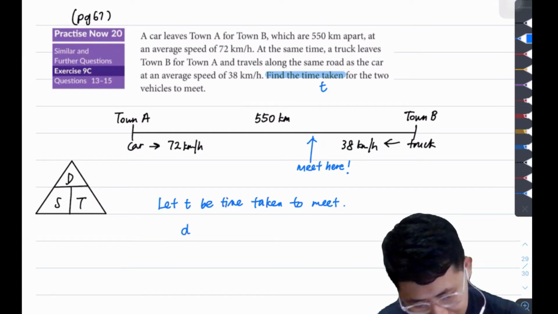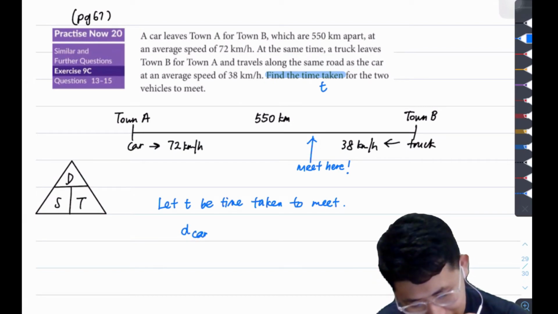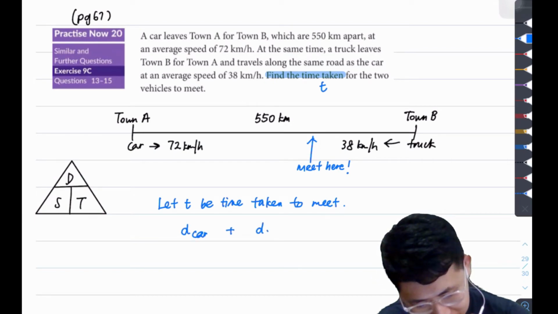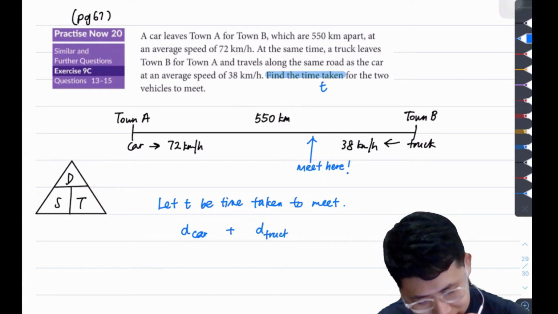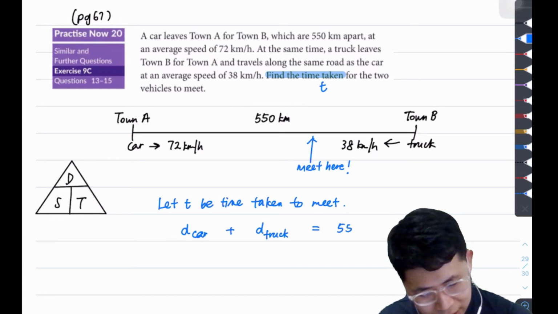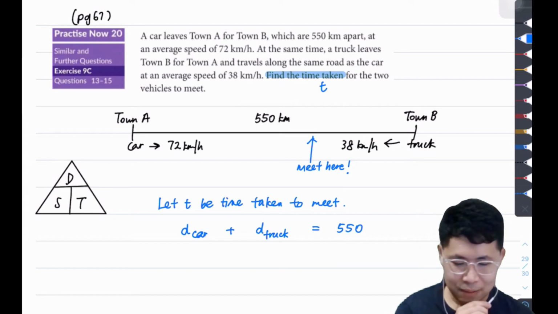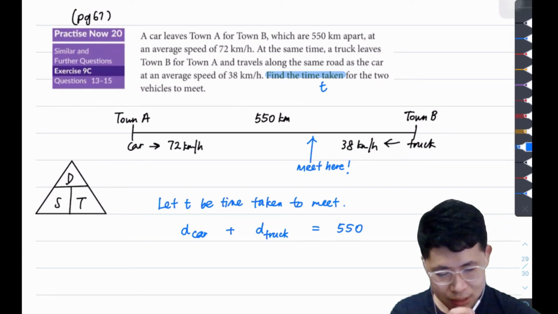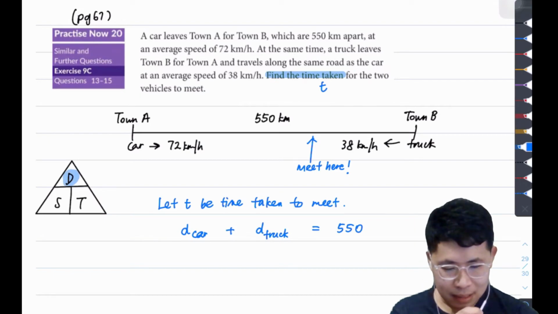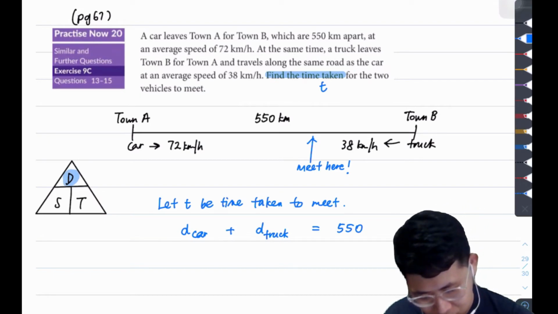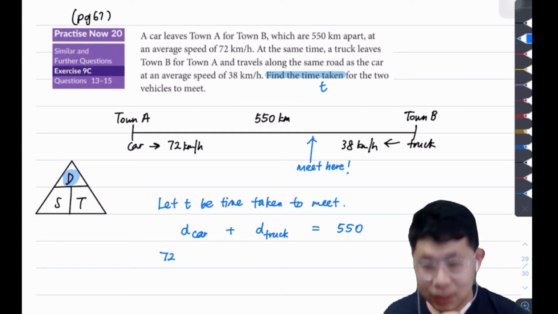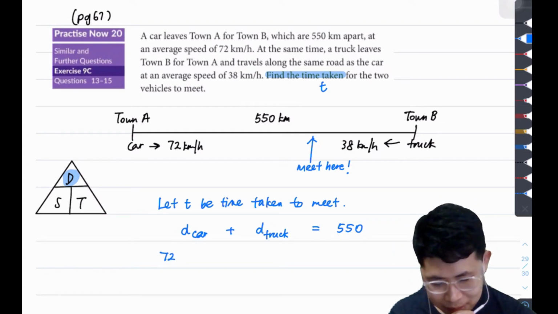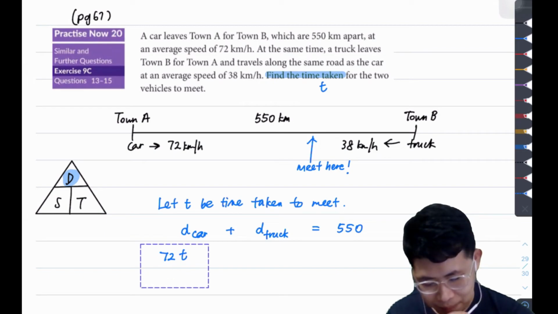Let's form the relationship over here. The distance traveled by the car plus the distance traveled by the truck is going to equal 550 kilometers. For the distance traveled by the car, we use distance equals speed times time. So the speed for the car is 72 kilometers per hour, times time, so times t.